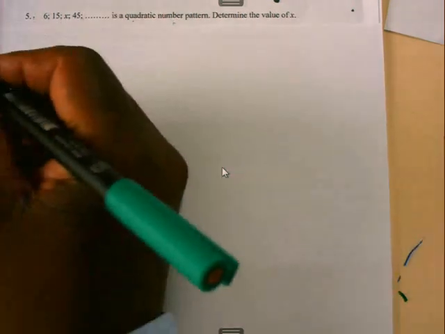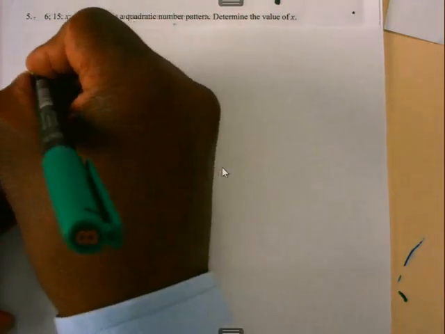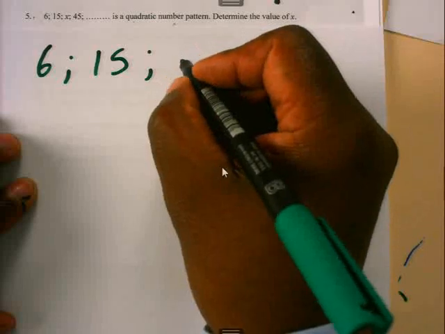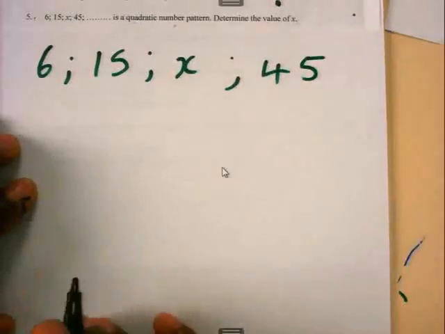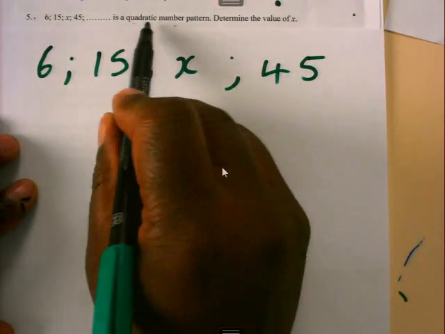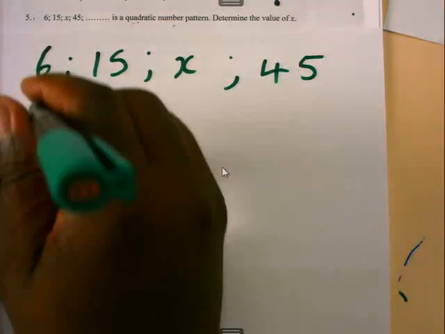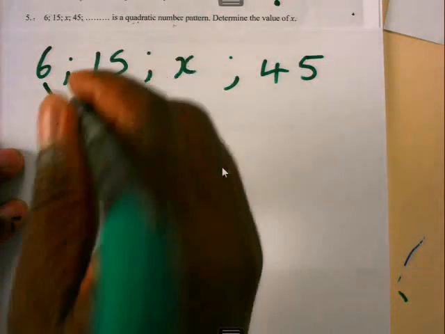You know that once it is a quadratic number pattern, the second difference is common. Let's write down the sequence: we've got 6, we've got 15, we've got x. Let's determine the first difference.